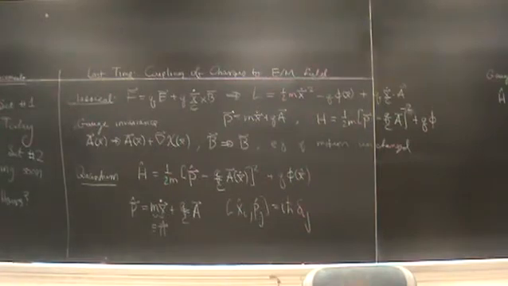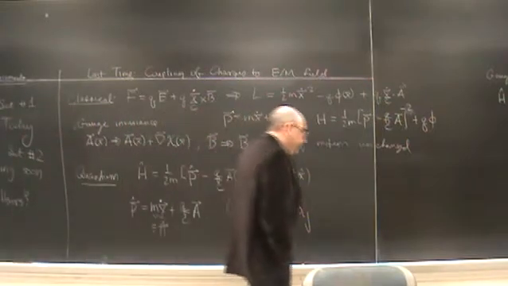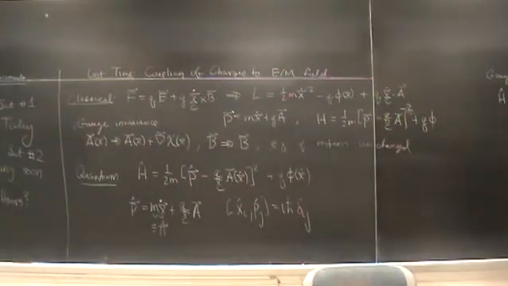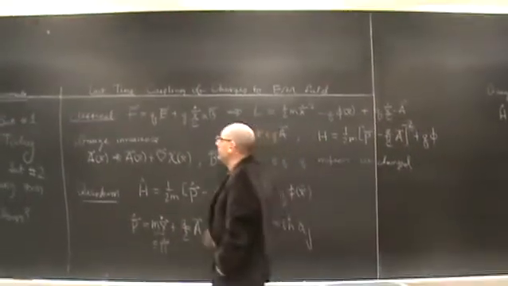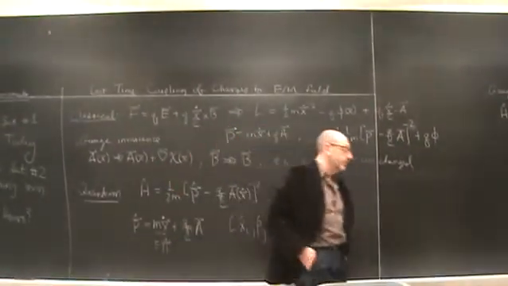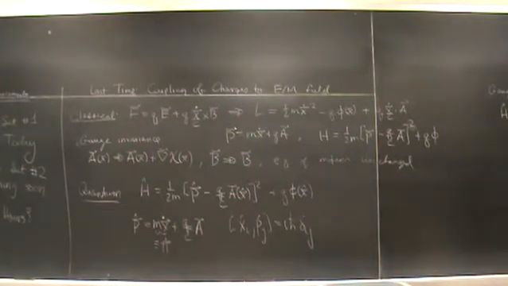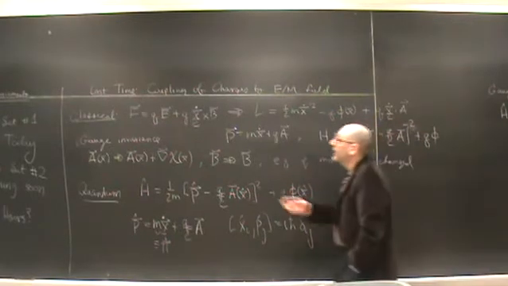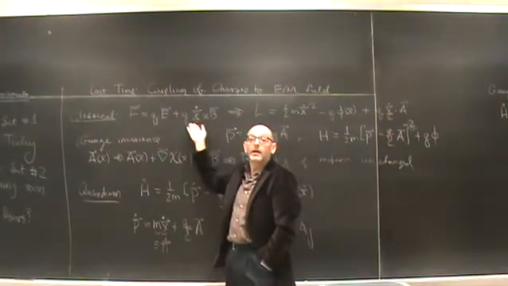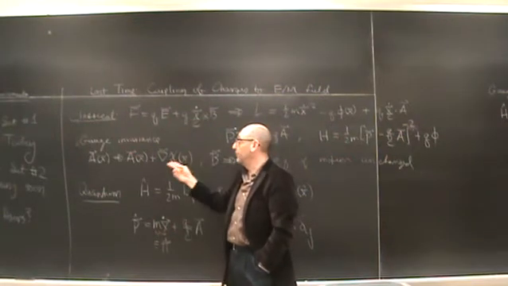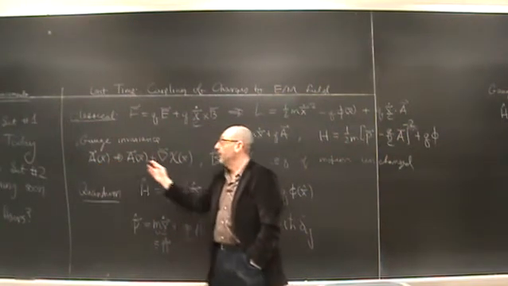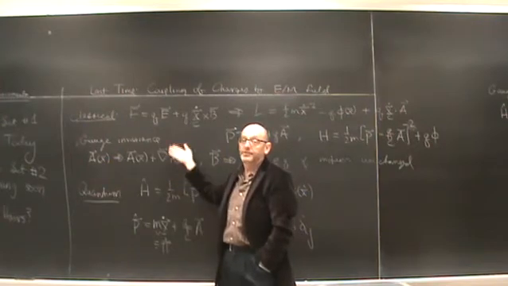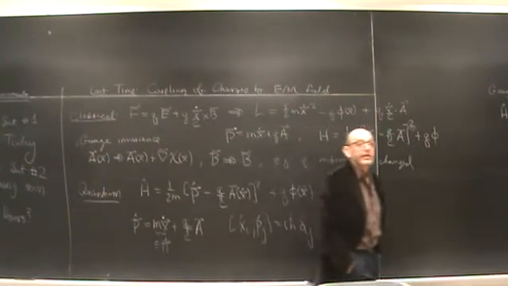And a very important aspect of this is the issue of gauge invariance. So, for example, if we transform the vector potential according to the gradient of some scalar field, then the magnetic field is unchanged, and classically there's no way to tell the difference between these two vector potentials, because they lead to exactly the same equations of motion.